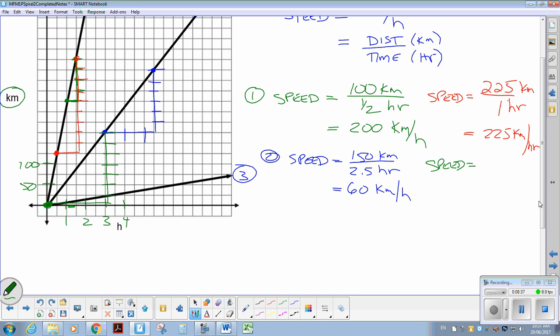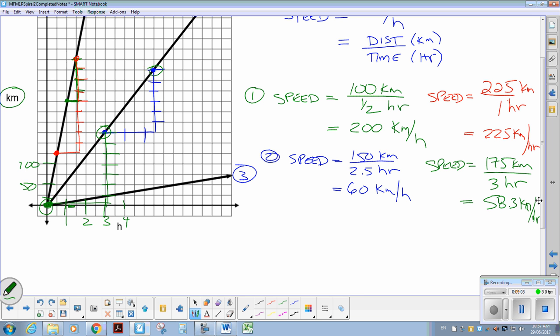So I have 175 kilometers divided by 1, 2, 3 hours. And of course, I don't think this is going to work out again for me. No, it's 58, close, 58.3 kilometers an hour. And the reason it's not exact is because we're guessing that those points are exactly on the grid. So we're off a little bit, but it does show that relationship.